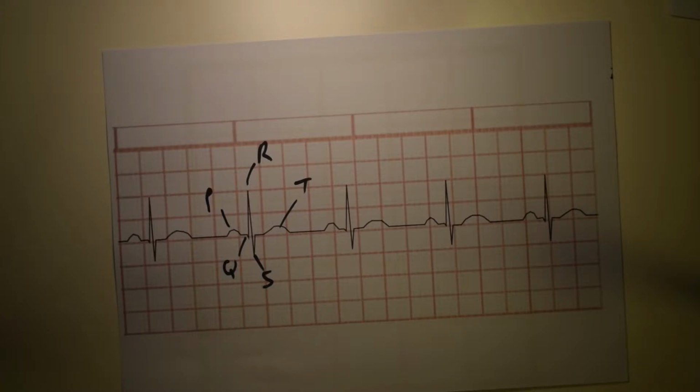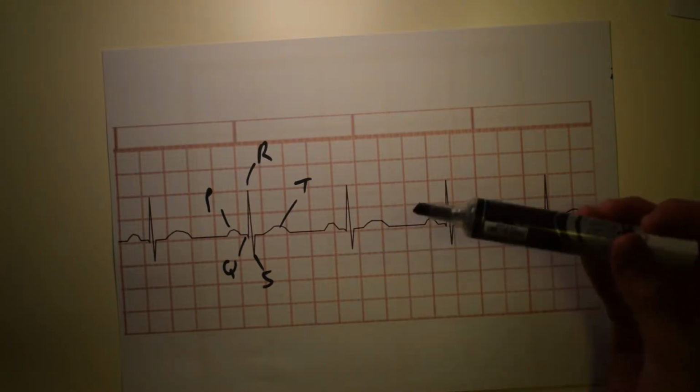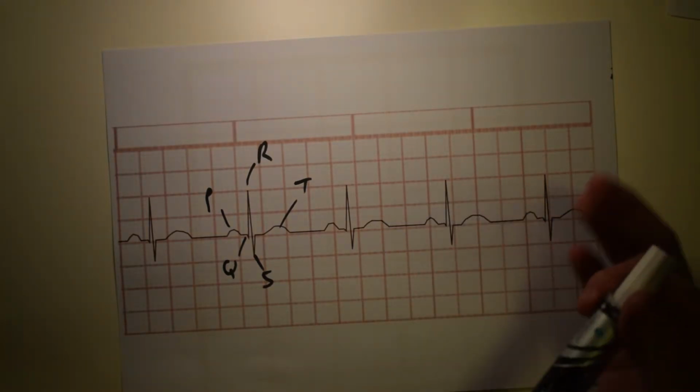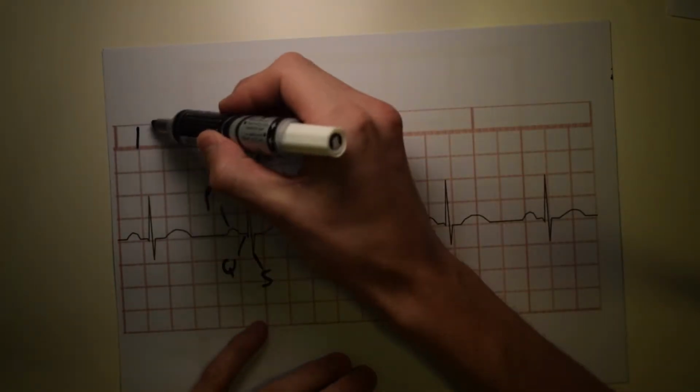Once the ventricles have contracted, you then have the T wave, which represents the repolarization of the heart, which means the heart is getting reloaded, or primed, back to the point where it's able to contract again. So that would be the normal view of the heart. The view we're looking at here is lead 2.